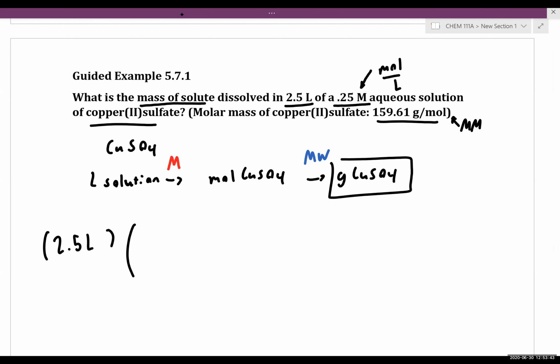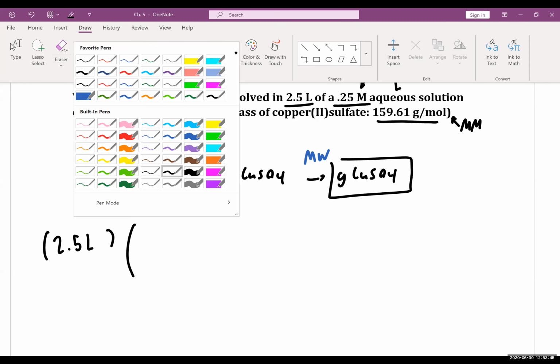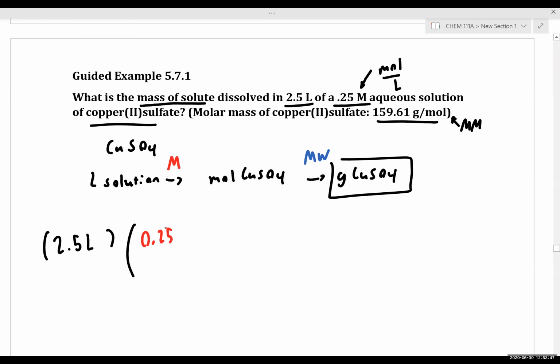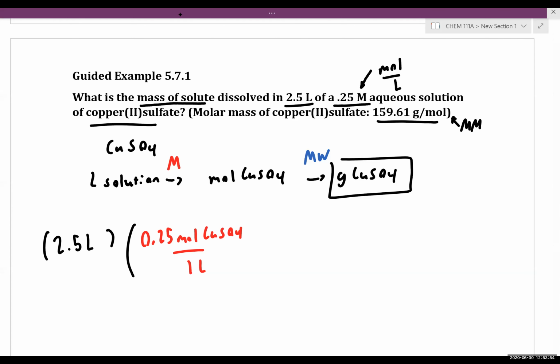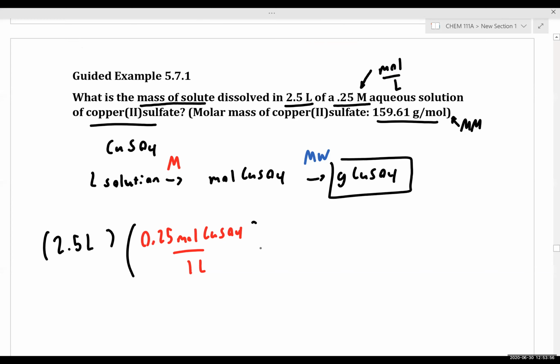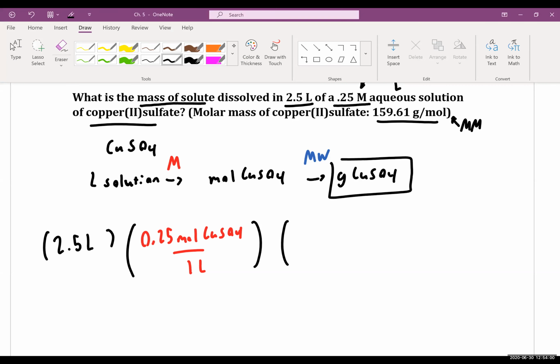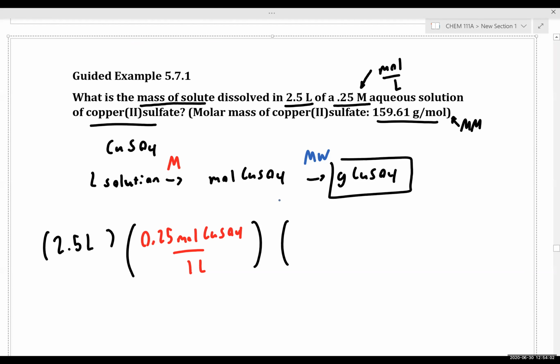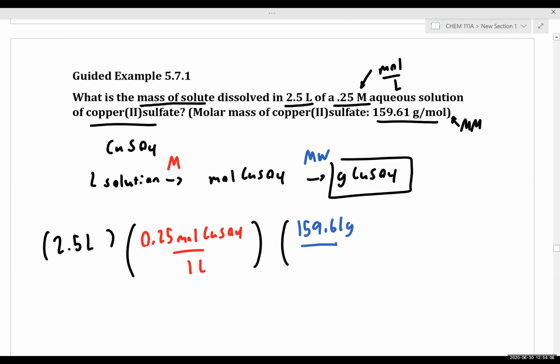And we know from our molarity, we have 0.25 moles of copper sulfate per 1 liter. Okay. Now we also know for copper sulfate to go from moles to mass, we have 159.61 grams per 1 mole of copper sulfate.